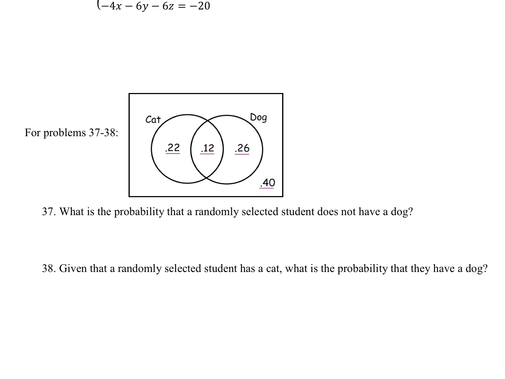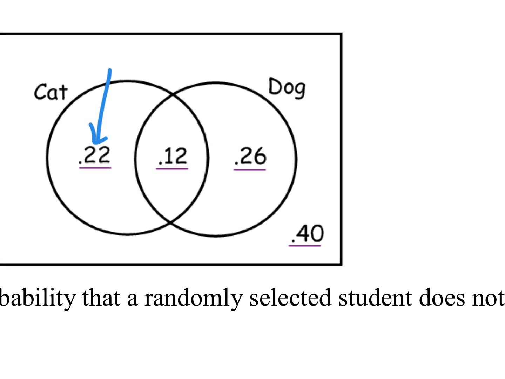Remember the circles, Venn diagrams? Let's just talk about those so we can get to the end of that page. Well, these have a cat only. These have a cat, but it's a cat and a dog. These have a dog only, and these don't have a cat or a dog.